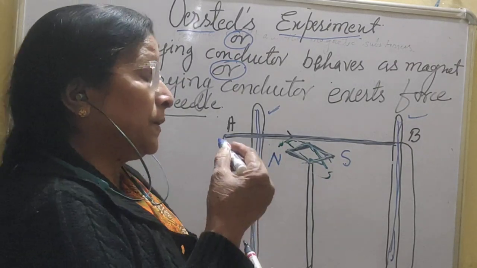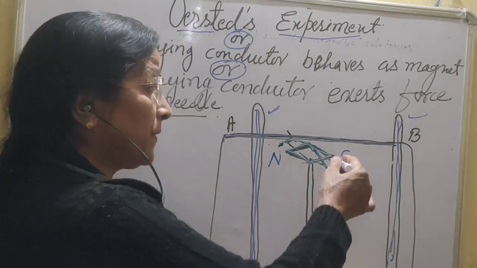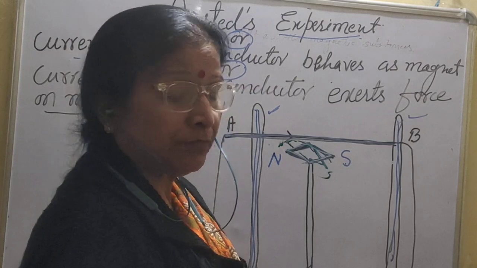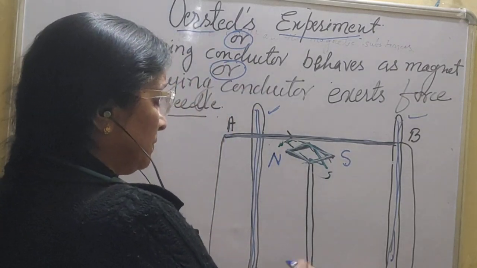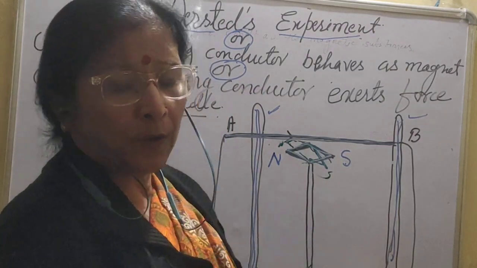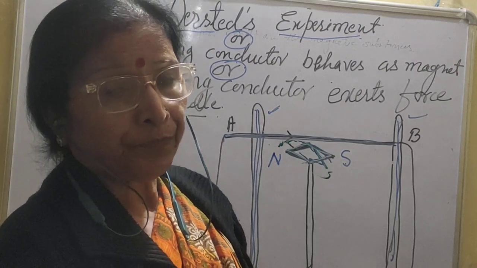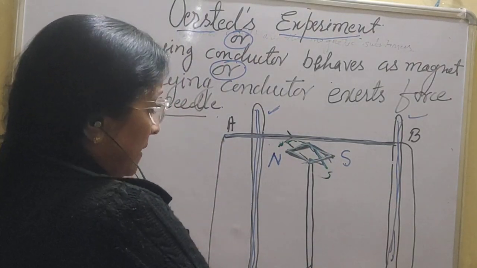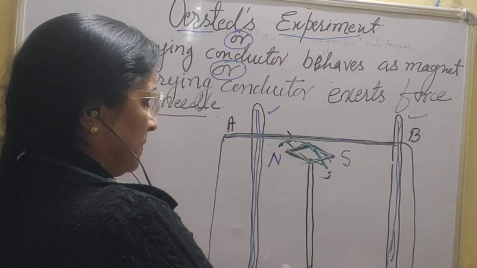Children, suppose we reverse the direction of current in the conductor, suppose we change the polarity of the battery. This end B is connected to the positive terminal and A to the negative terminal.